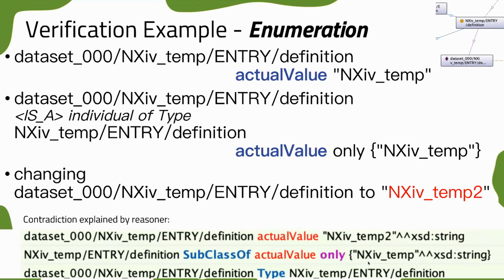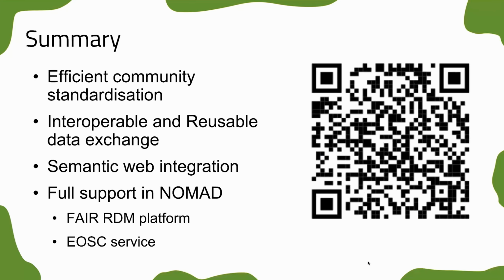We had a data set which we are putting into NeXus, and using the NeXus ontology, we can use a generic ontology tool which will understand what's going on, even find errors if there are any. With this, I give you a summary. The key point is that we are finding an efficient community standardization platform, that's NeXus.